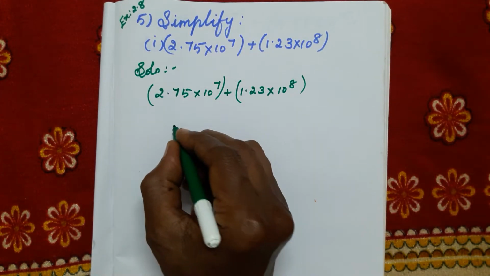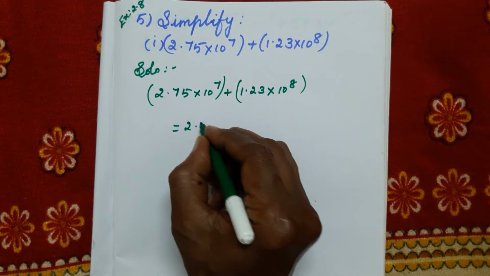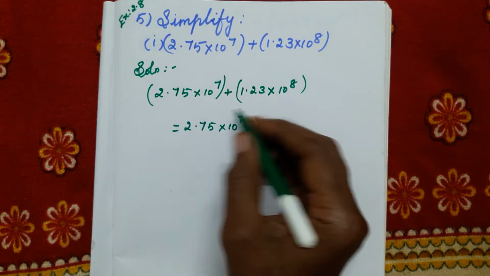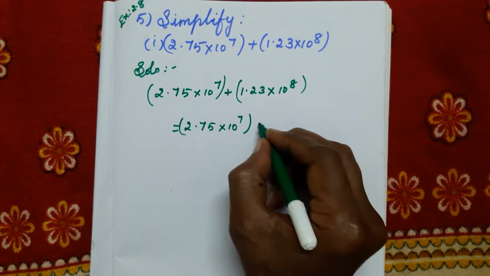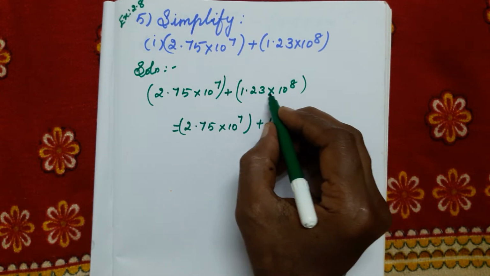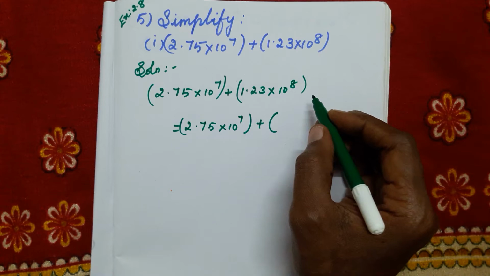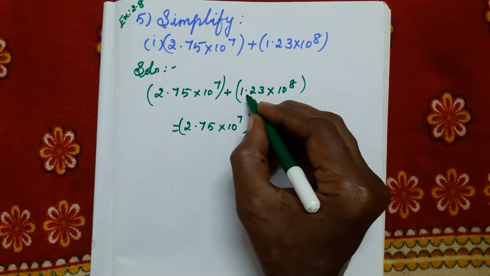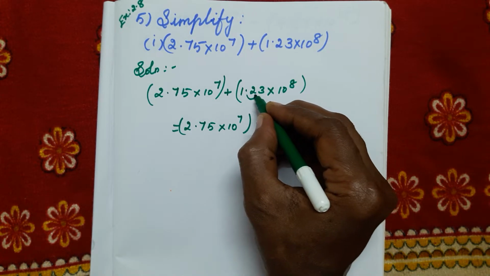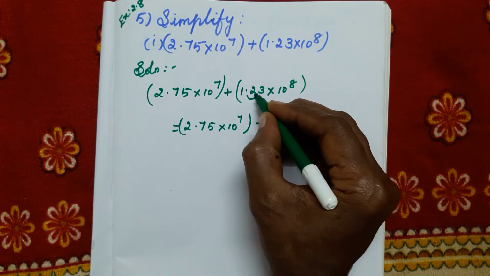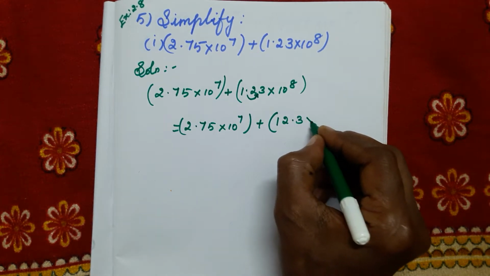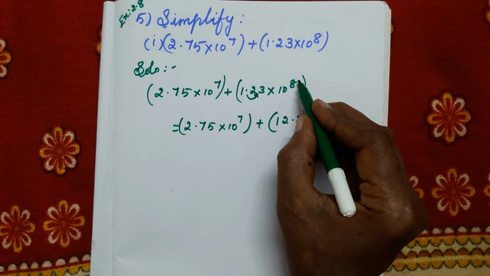First I am writing this number 2.75 into 10 power 7 the same. Next plus this one, 1.23 into 10 power 8. We can write it: if you are moving the decimal place one digit right, it means 12.3 into, here the power will decrease.